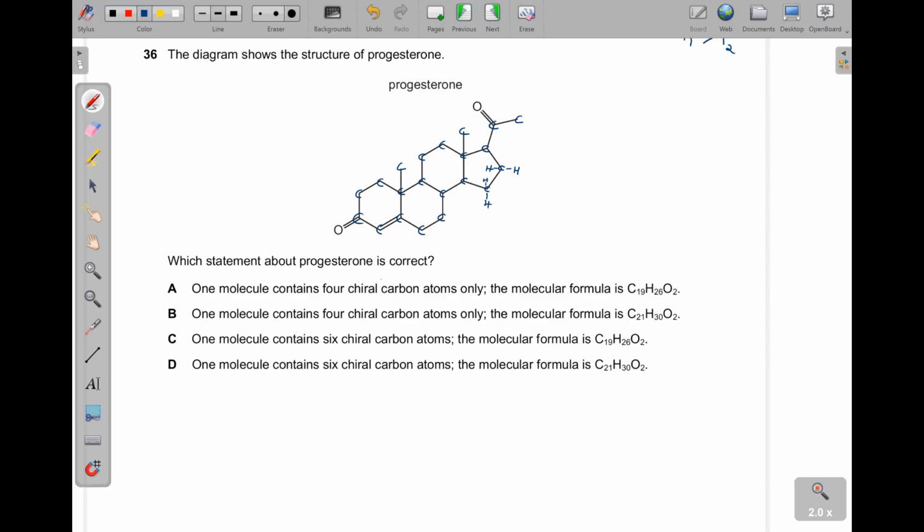So how many carbons do we see? 1, 2, 3, up to 17, 18, 19, 21. So there are 21 carbon atoms, so that is C21. Are we seeing any 21? We can see it here and here. So that means our answer has to be either B or D.